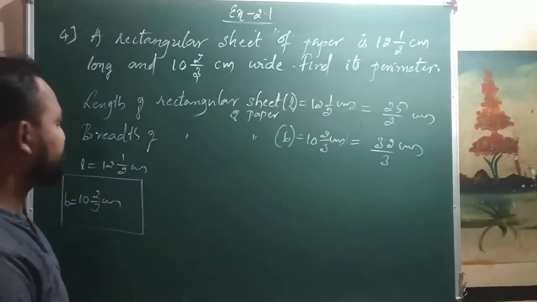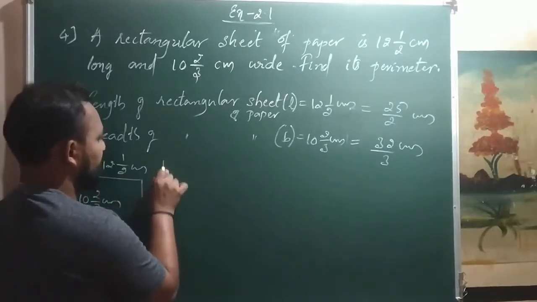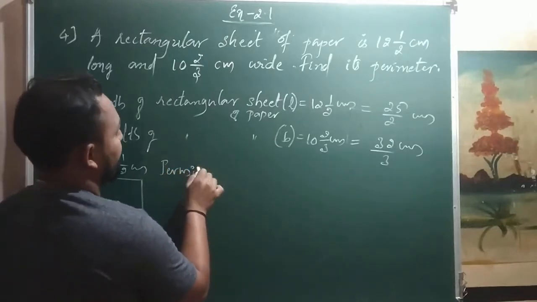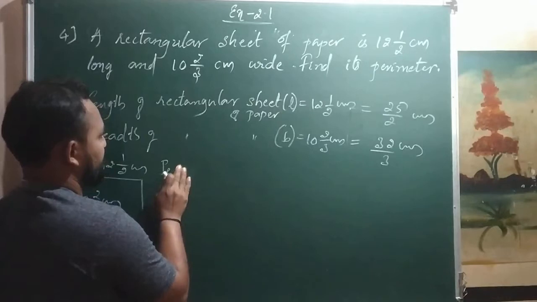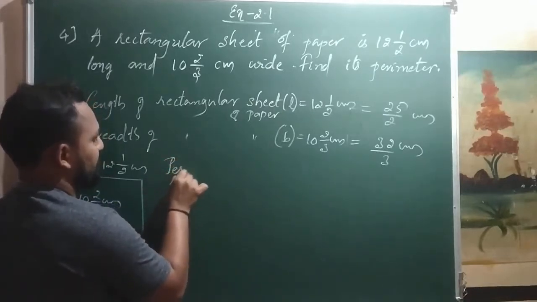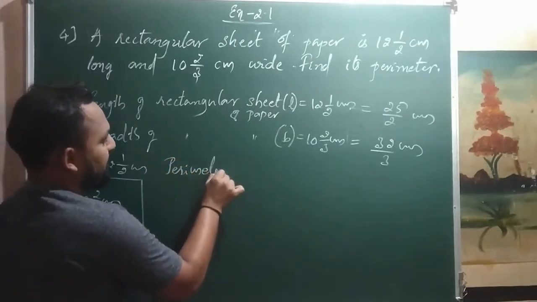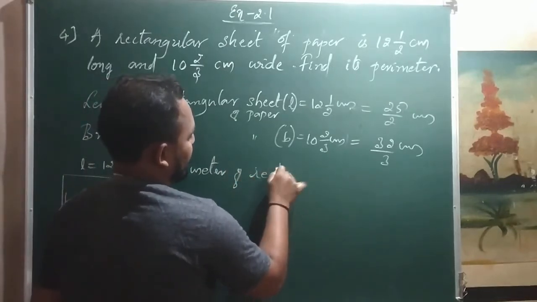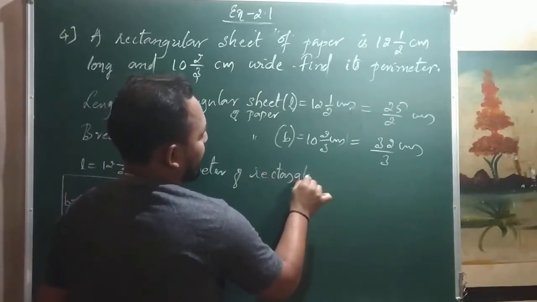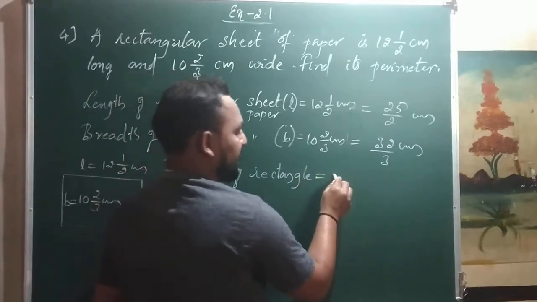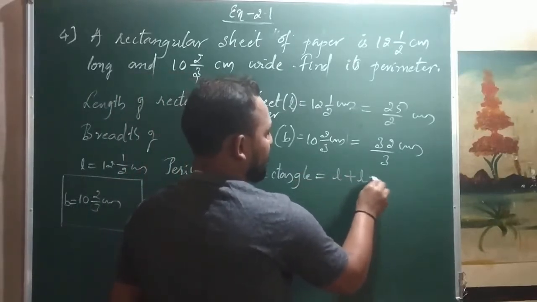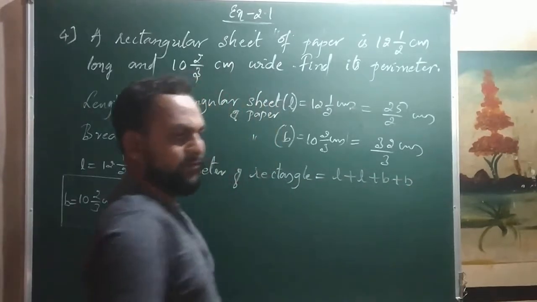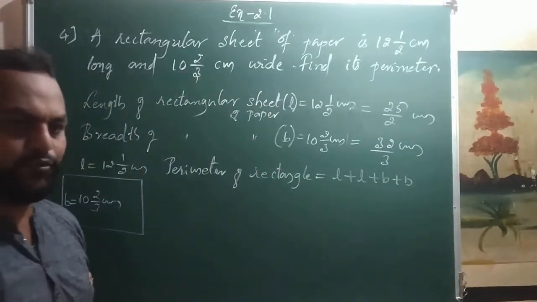The perimeter of a rectangle is L plus B plus L plus B. Two lengths and two breadths means 2L plus 2B.